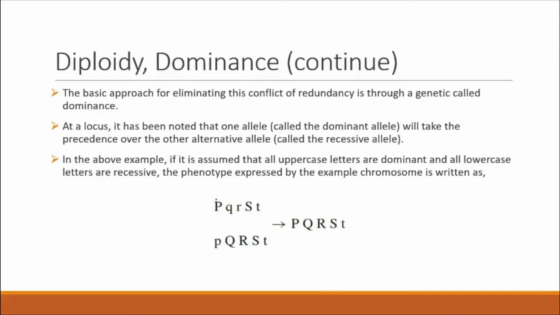So if there are two alleles present in the same position, considering this diploid, here it is a capital P and here it is a small p. One of them should be the dominant characteristic, also known as the dominant allele.